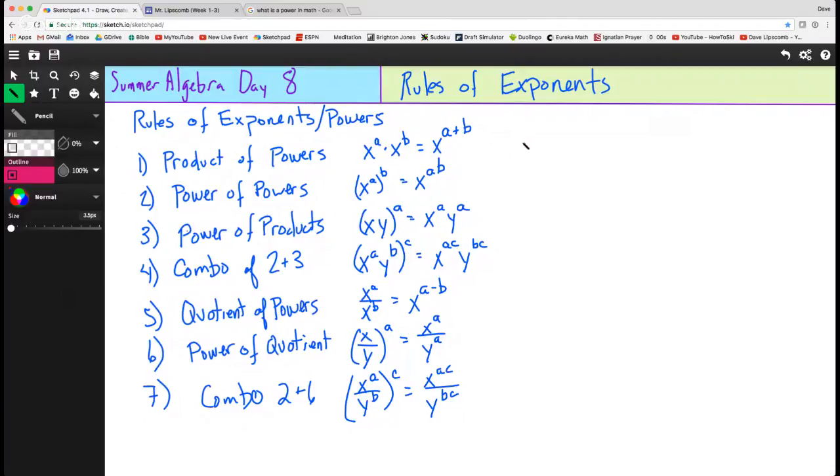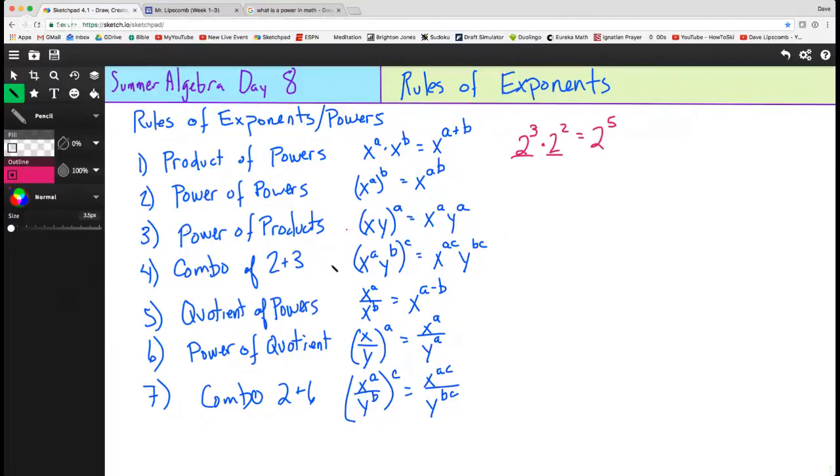So for example, 2 to the 3rd times 2 to the 2nd equals 2 to the 5th. Not 2 to the 6th. You don't multiply your exponents. You add your exponents when you take a power multiplied by a power with the same base.